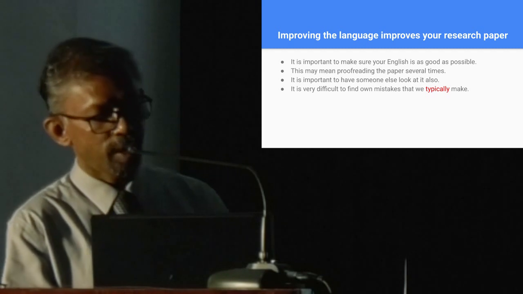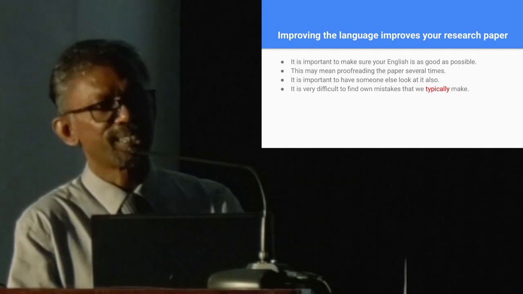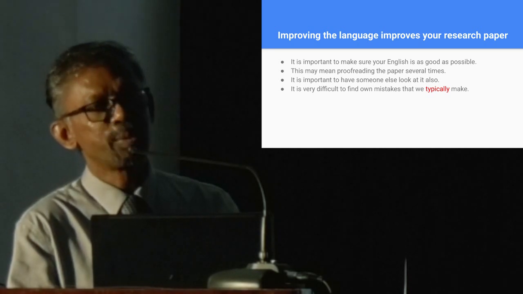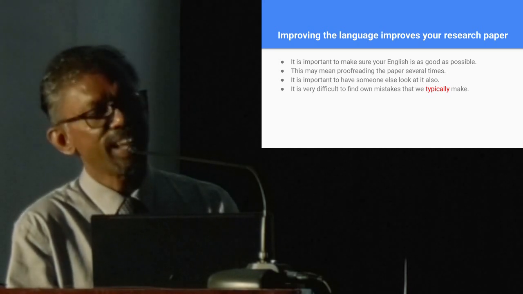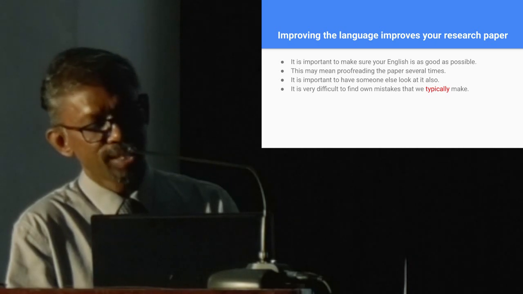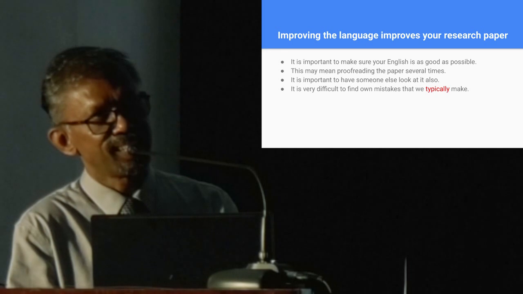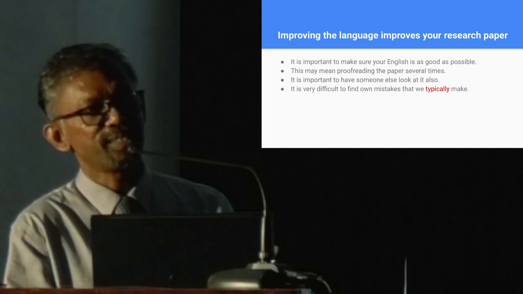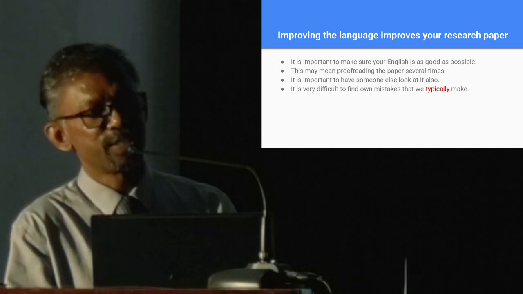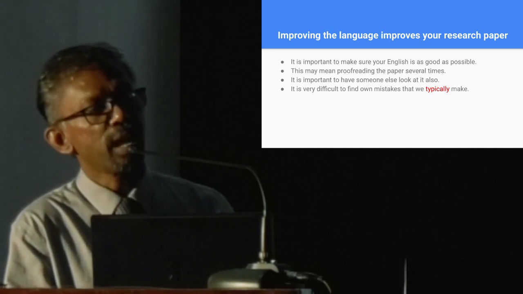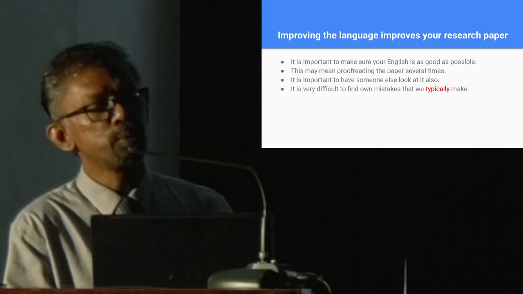And so I would like to conclude my talk about writing a good research paper by talking about the language. So we have to write in good English, but that is not a one-shot achievement. So we first write, and then we have the ability to now use a lot of tools.